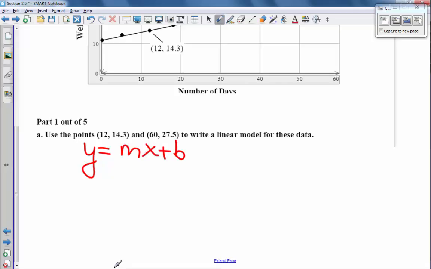Well, I need to know m and b. First off, let's start with the easy one. Do you know what b is? We don't have a direct answer.